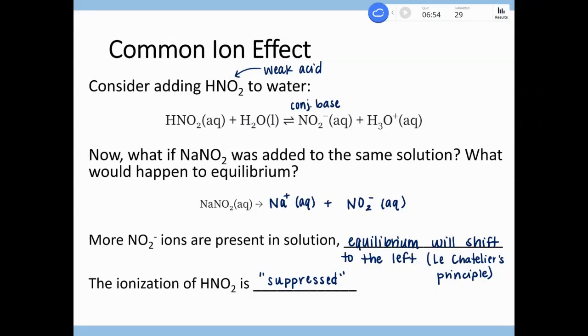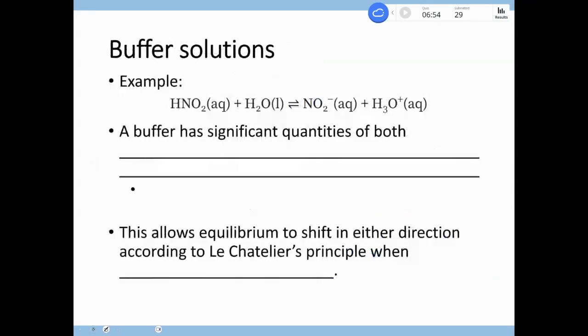So if both HNO2 and NO2 minus are added to solution, that would be an example of a buffered solution. So buffer solutions have significant quantities of both a weak acid and its conjugate base. Or we can say vice versa, a weak base and its conjugate acid.